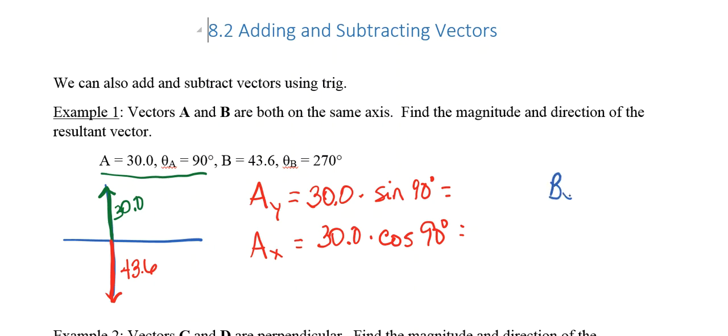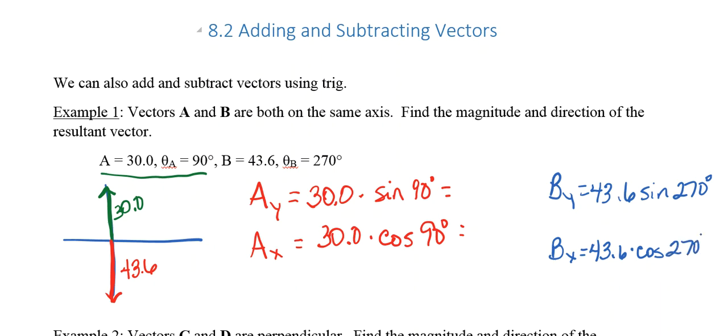So I have B_y is 43.6 times sine of 270. And then I'm going to do it for the x. And again, I just realized I transposed those two numbers, so let's fix those. This would be cosine of 270. So go ahead and plug those in.